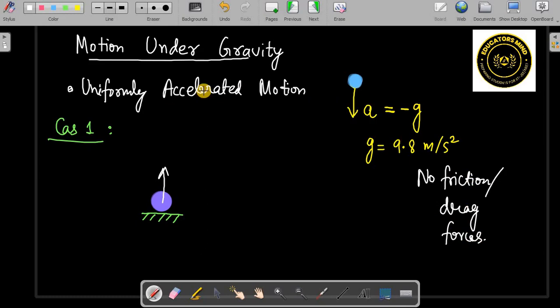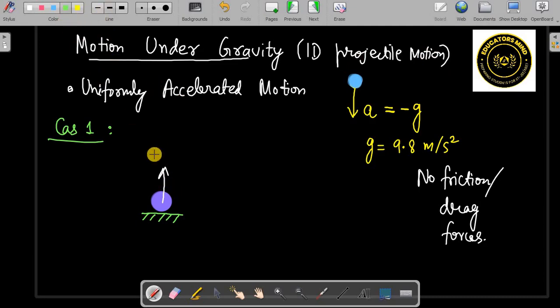Motion under gravity is also known as one-dimensional projectile motion, so here we are going to study 1D projectile motion, a straight line motion.